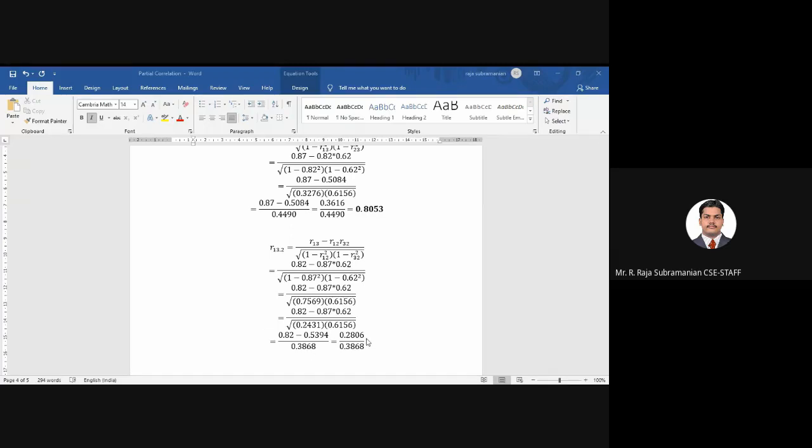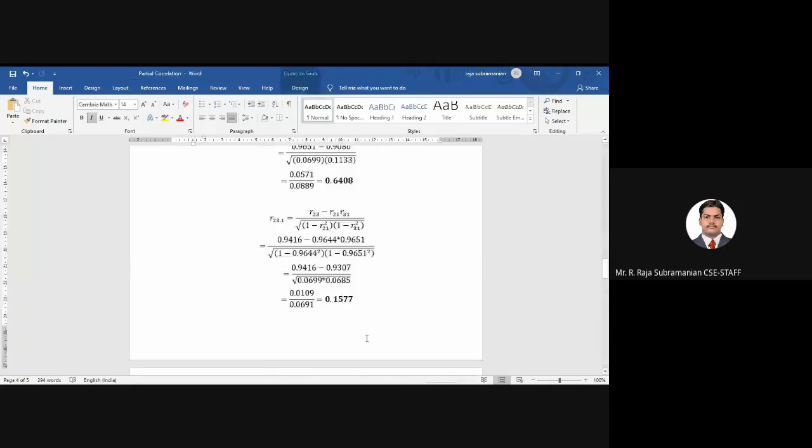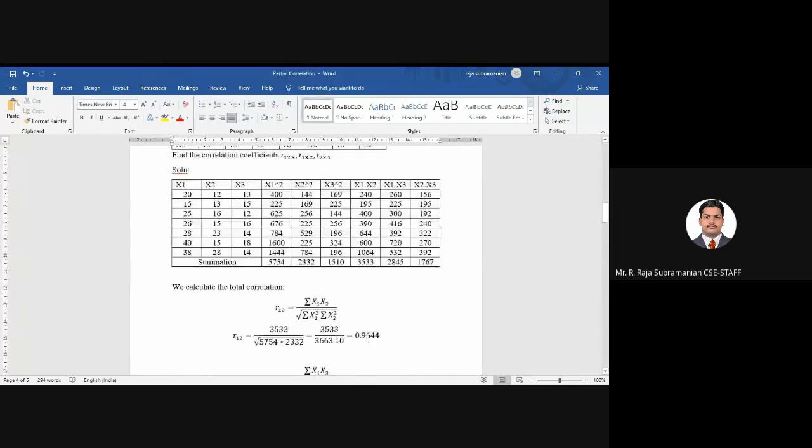Am I right? Finally, 0.7254 for R13.2. Is it right? Yes, sir. So the final thing remaining will be R23.1 that you guys have already done, right?